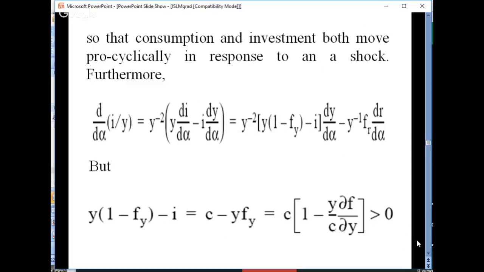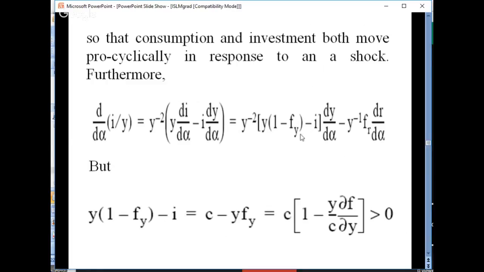And this we get by the chain rule, because this has to be less than 1, by our assumption that the marginal propensity to consume is less than 1. So this is positive, consumption is positive, so the whole thing has to be positive.